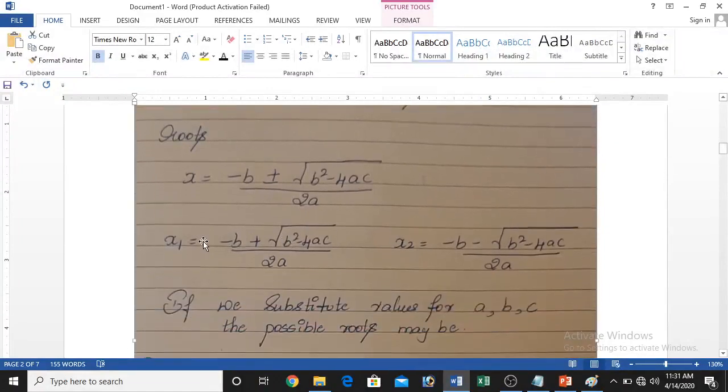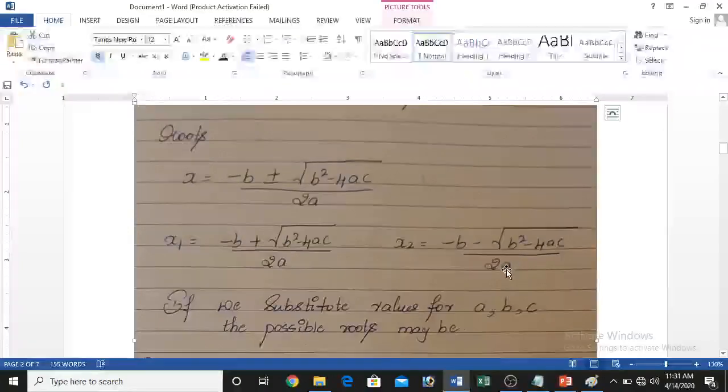Those roots are x1 is equal to minus b plus root of b square minus 4ac divided by 2a, and x2 is equal to minus b minus root of b square minus 4ac divided by 2a. Now let us see what possible roots we are going to get when we substitute the values of a, b, c. So first let us learn about this quadratic equation part.